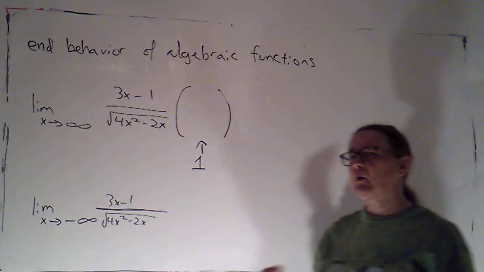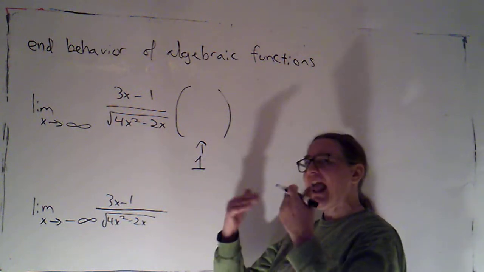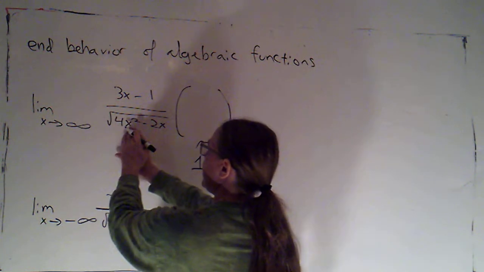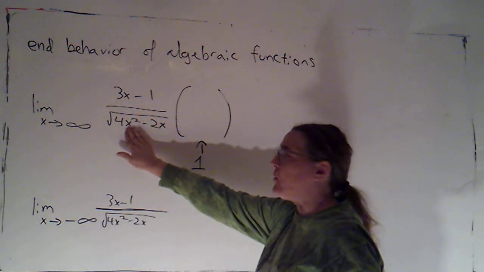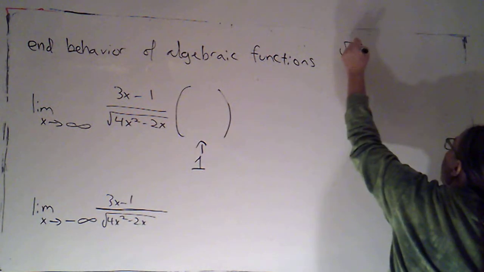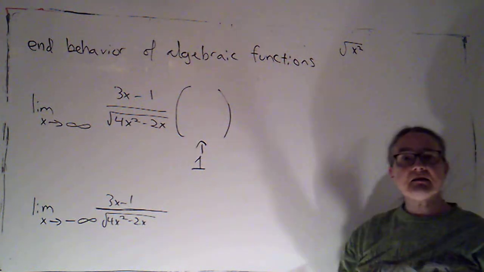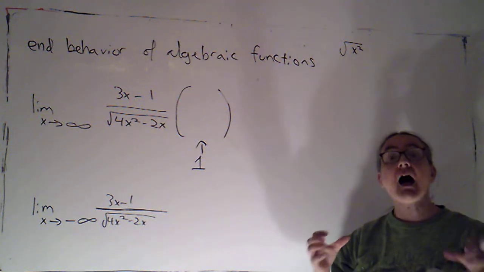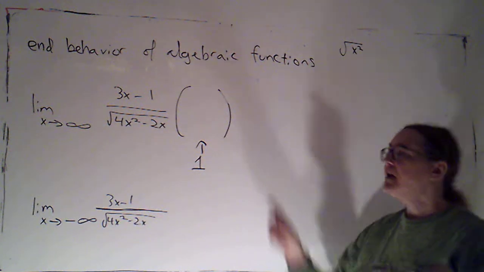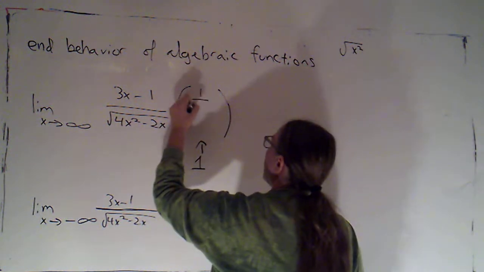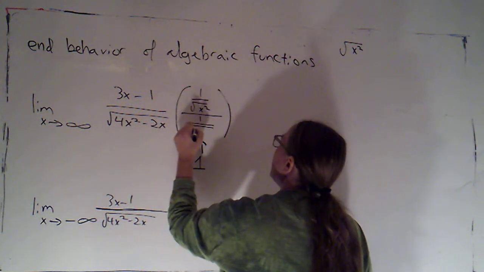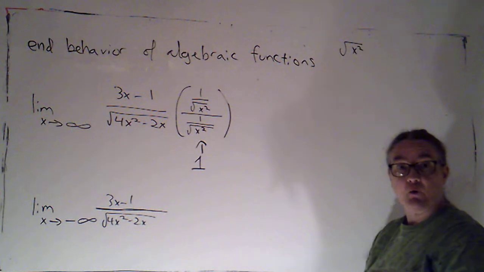Now I have to take into account both the power and the root. So if I look, everything's under a square root, and the biggest power under that root is x squared. So basically, root x squared is the biggest power root combination that I have in the denominator. So I'm going to multiply this by 1 in the form of 1 over root x squared over 1 over root x squared.